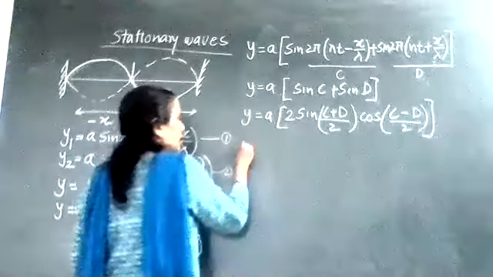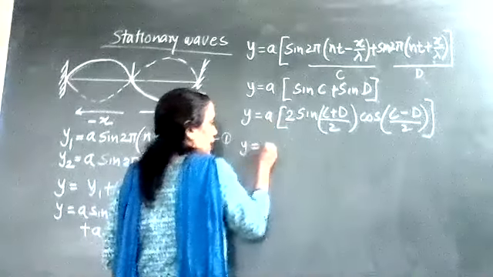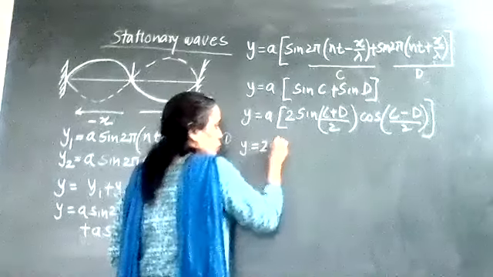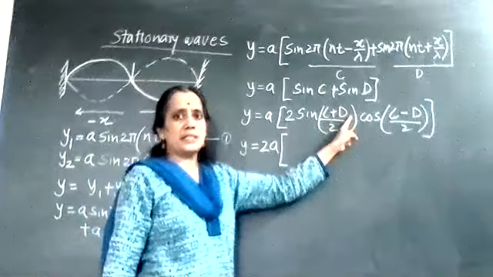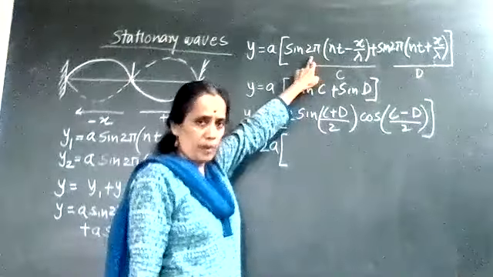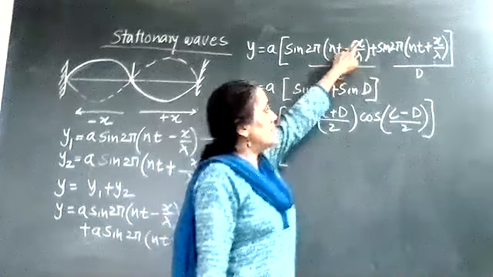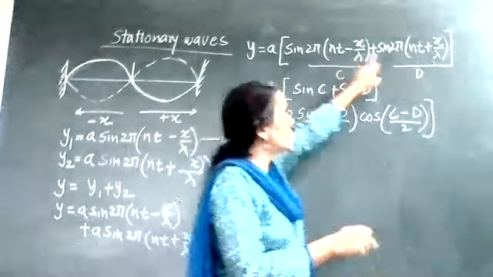So what do I write down here now? y. Clear? This 2a factor, I will take 2 outside. So 2a in bracket, sin of (c plus d) upon 2. What is c? c is 2 pi into bracket nt minus x upon lambda. In that, what are we going to add? d. What is the d factor?